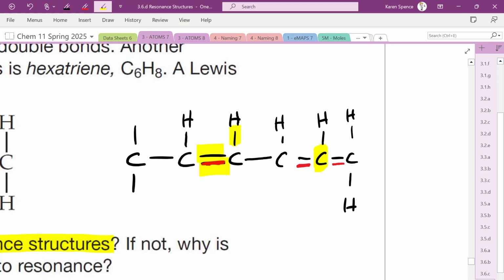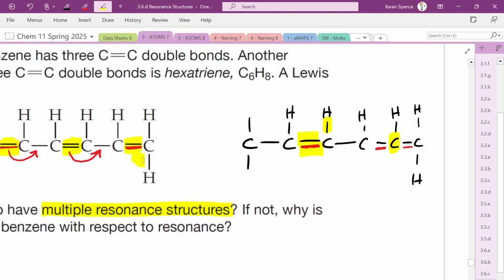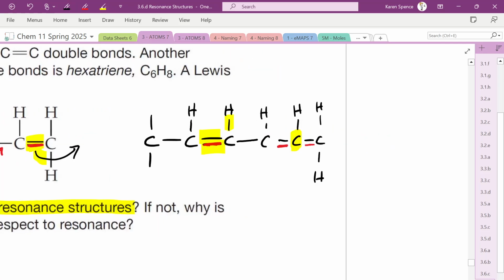Is that okay? 2, 4, 6, 8, 10 electrons. Is it okay for carbon to have 10? No. So this bond would also have to get kicked out. But where does it go? Does it become a lone pair? Because that's the only place it could go. There's nowhere else for it to go.